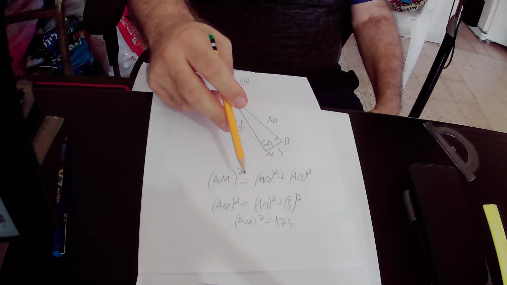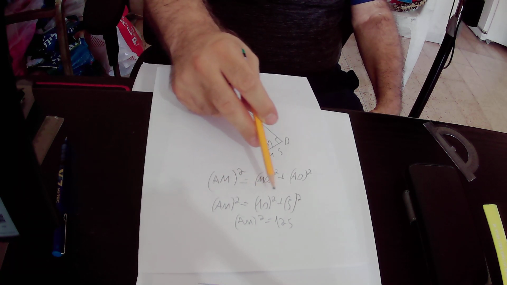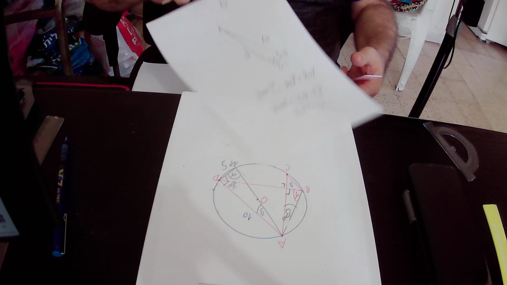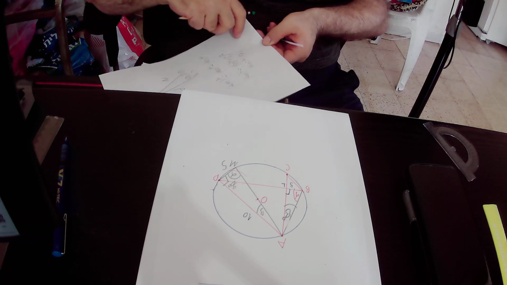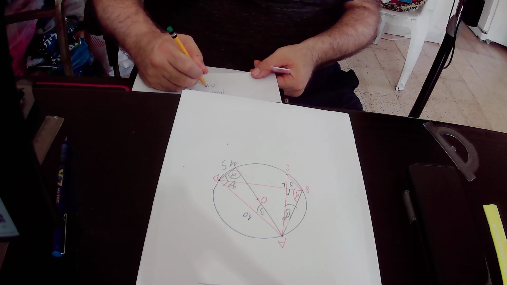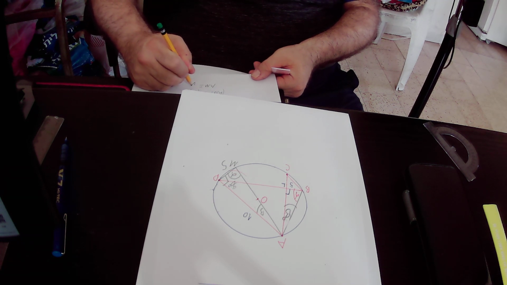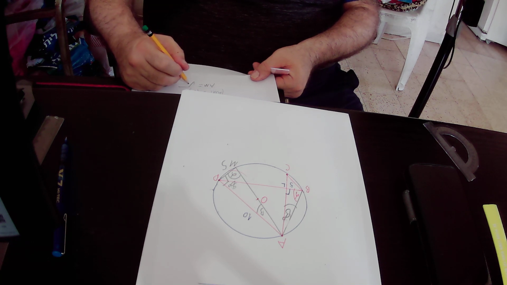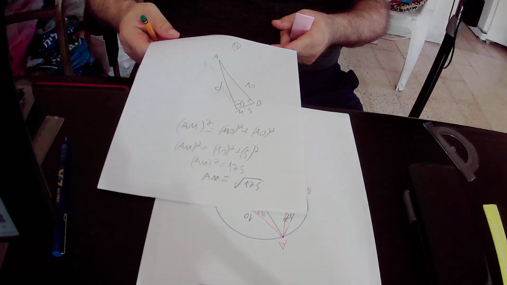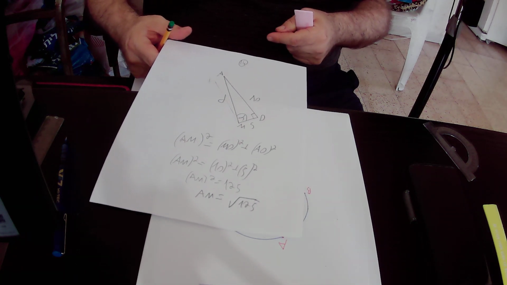We will take out a root from this equation. We will get that the value of the diameter of the circle, AM, equals the square root of 125.